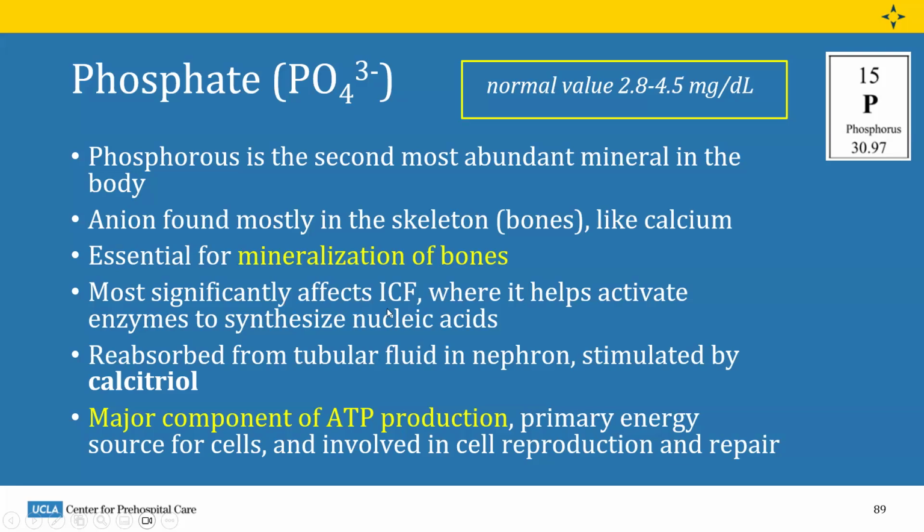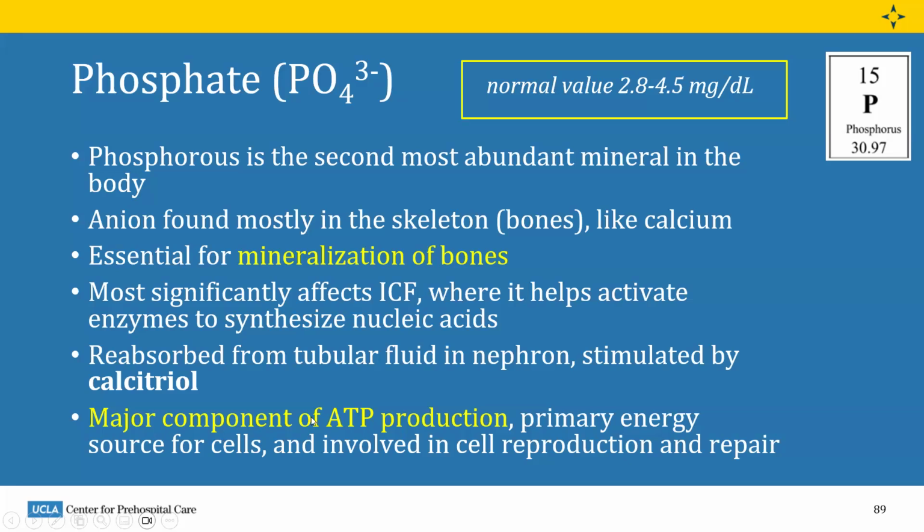It also is important for intracellular fluid because it activates enzymes so we can synthesize nucleic acids. We reabsorb it from our tubular fluid in our nephron, stimulated by calcitriol. So calcitriol is causing us to reabsorb our phosphate ions here, right?